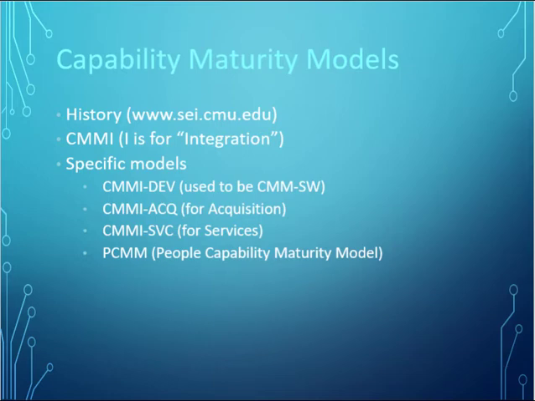Then there's one for acquisition to help your company get better at acquiring the tools and equipment and supplies that they need. There's a CMMI for service if the primary mission of your organization is to provide a service. And then there is actually the same structure for people management, which would be for basically human resources and keeping your employees happy.